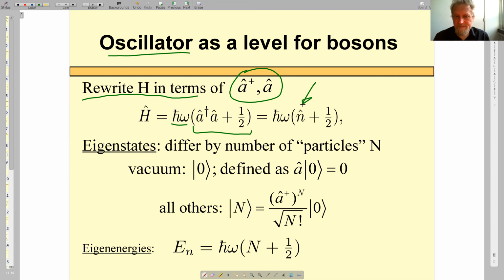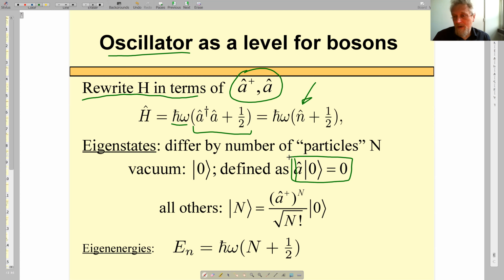Vacuum has a very precise definition in terms of the annihilation operator. Namely, nothing can be annihilated in the vacuum state, right? It leads to a senseless wave function. So that is how vacuum is defined.